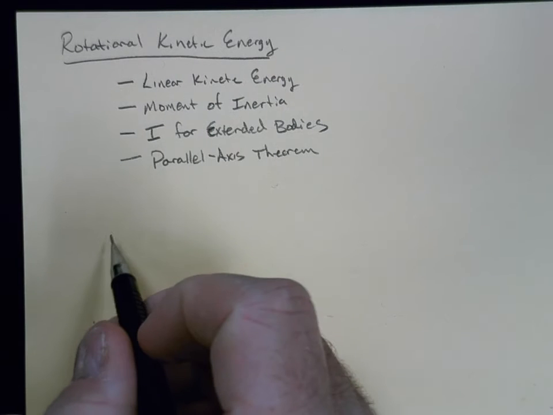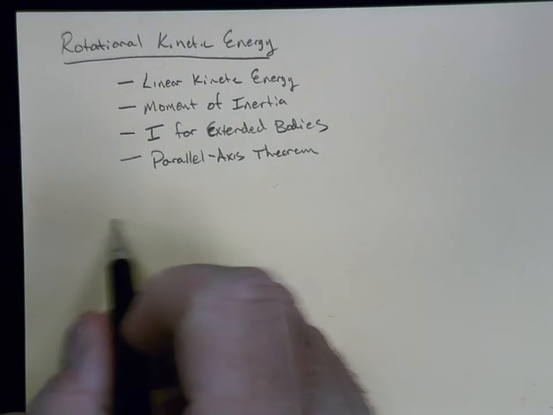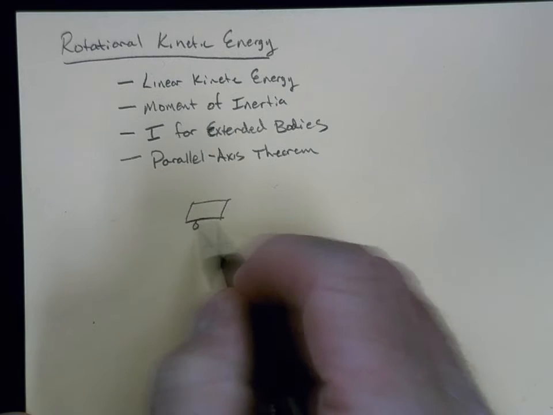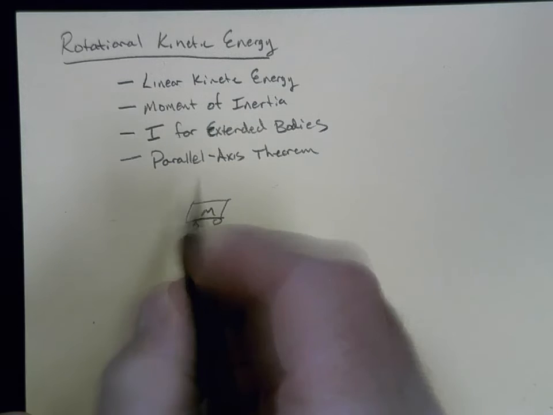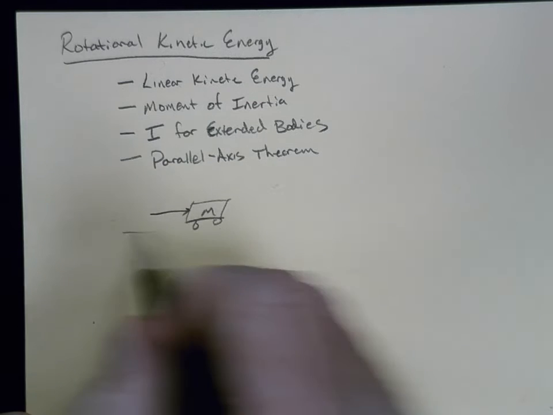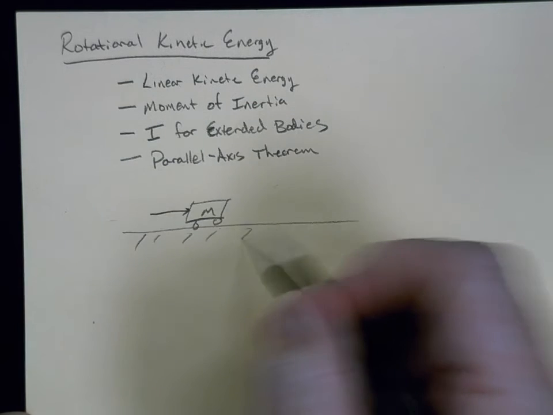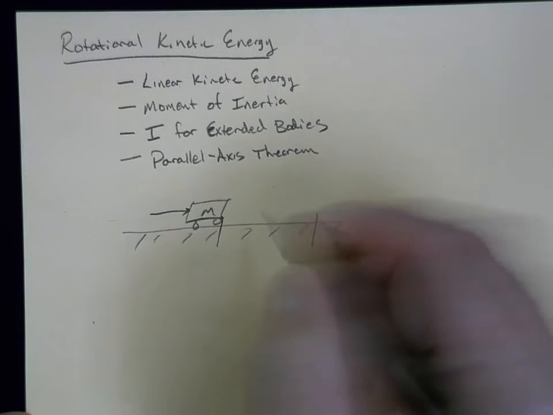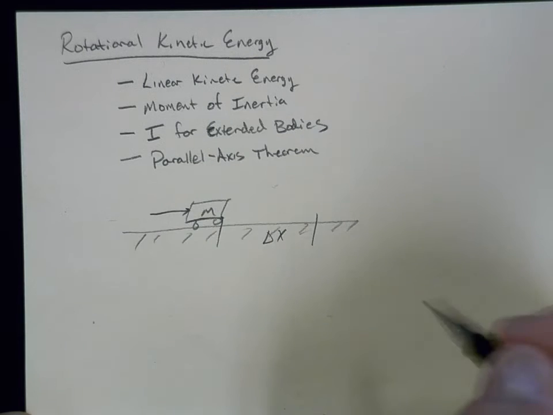So let's review here for a sec. For linear kinetic energy, we're going to have our crate, of course, on wheels. A crate of mass m is going to experience a force, and this is going to travel a distance x.